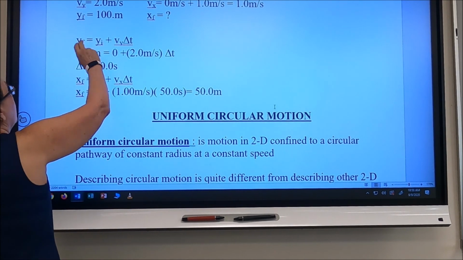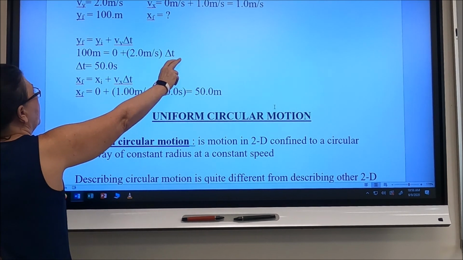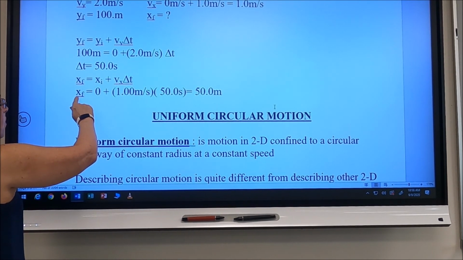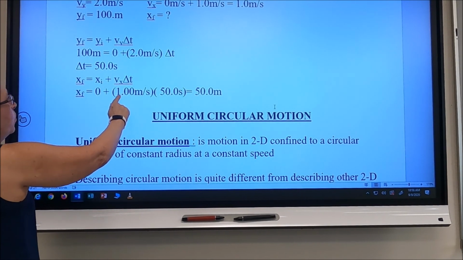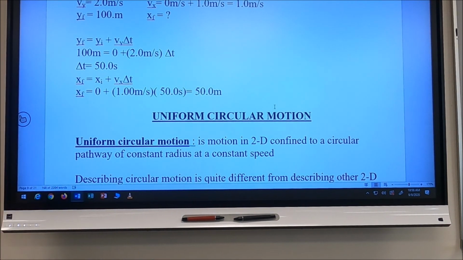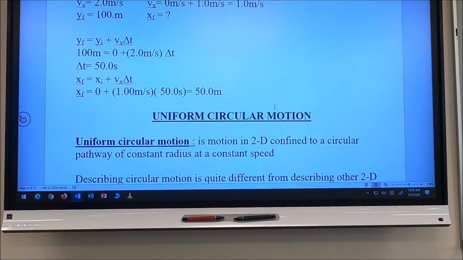Y final is 100, so 100 equals 0 plus 2 meters per second times delta t. We get 50 seconds. So x final is equal to 0 plus 1 meter per second times 50 seconds, or 50 meters. So she ends up 50 meters down the river from the point that she initially launched from.